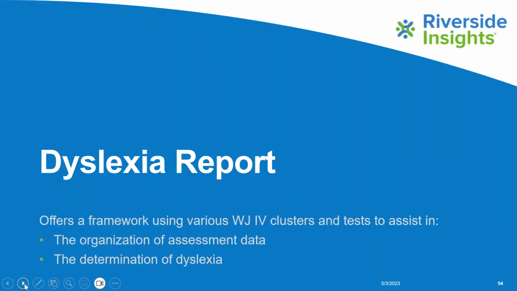Now, another feature of the WIIP is the dyslexia report. And the dyslexia report offers a framework using various WJ4 clusters and tests to assist in the organization of assessment data and also in the determination of dyslexia.